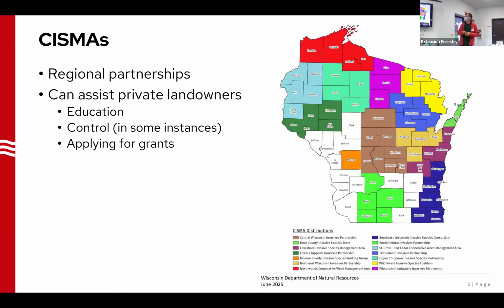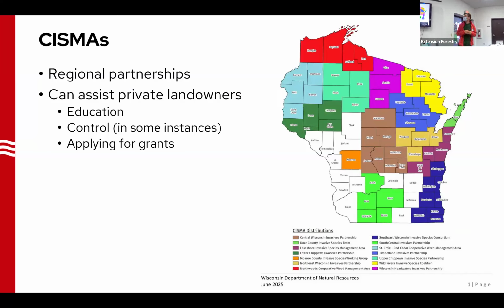SISMAs are regional partnerships. These can assist private landowners through education. They often have a lot of workday events or workshops, and their whole goal is to coordinate invasive species management on county to county levels.